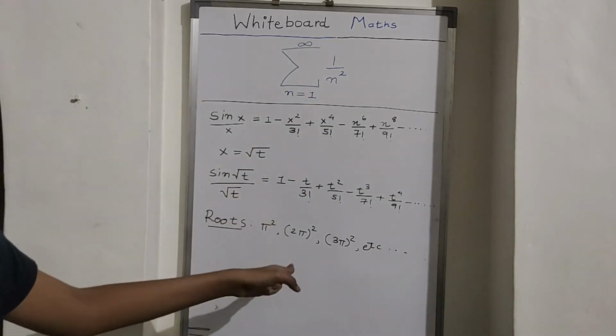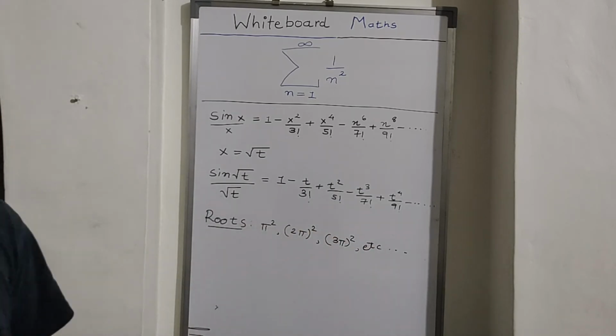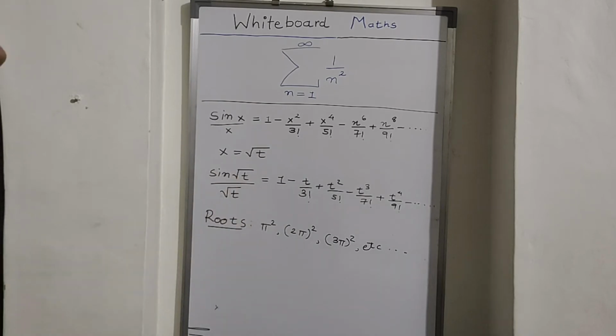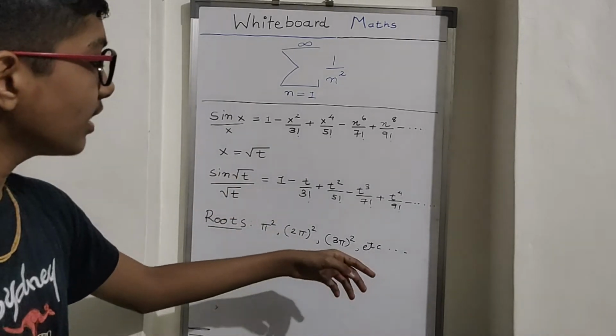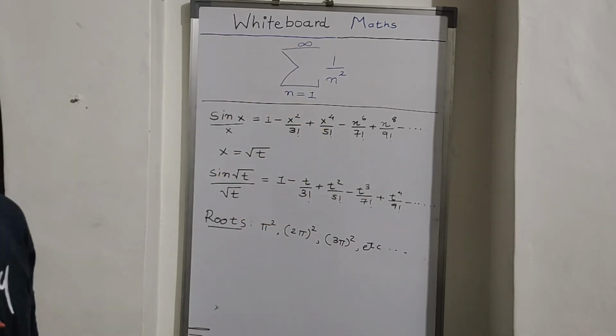So pi square, then 2 pi whole square, then 3 pi whole square, etc. will be the roots of this function, and these are exactly the squares of the roots of the earlier function.